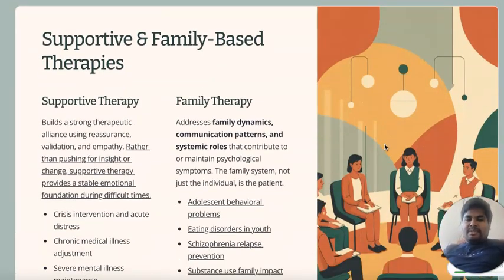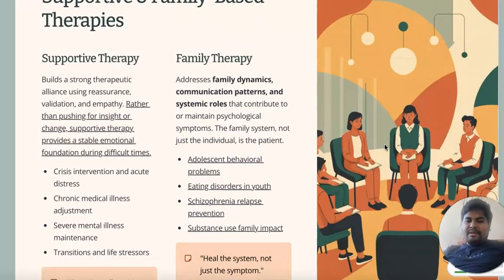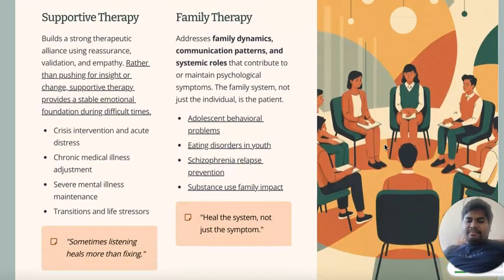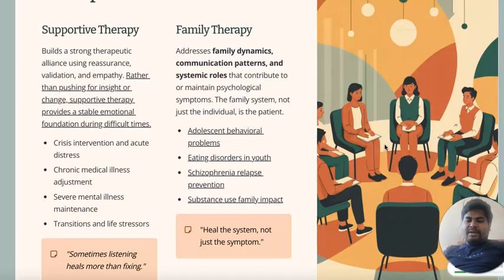Now, supportive and family-based therapy. Supportive therapy is, again, we rather hear than we fix anything. Okay, in supportive therapy, we provide a hearing, and that's a stable foundation during difficult times. So we provide supportive therapy if the person is in acute distress, and we do it for crisis intervention.